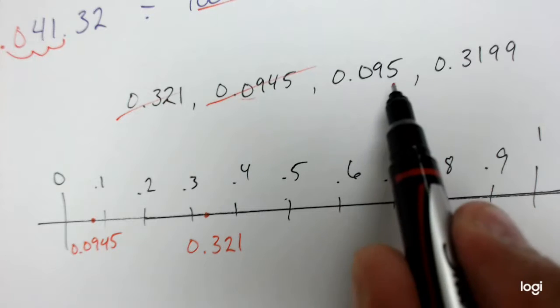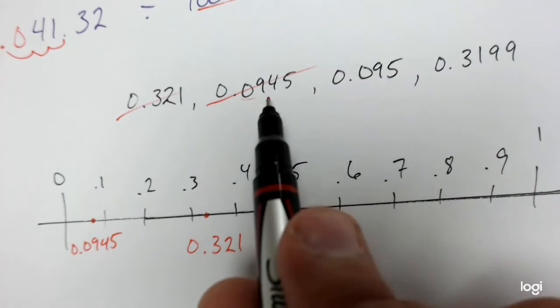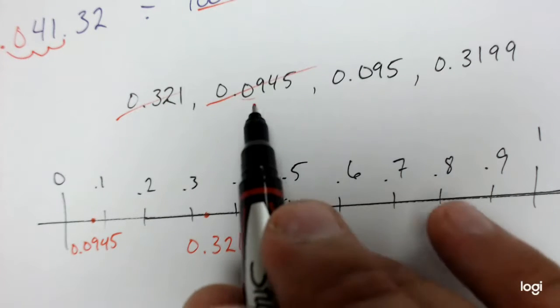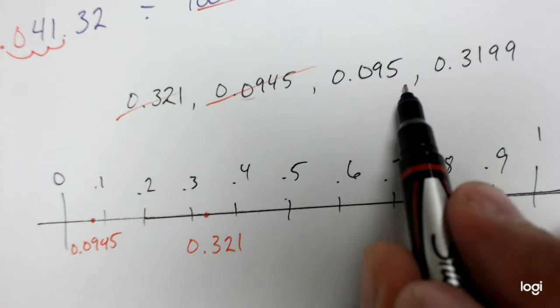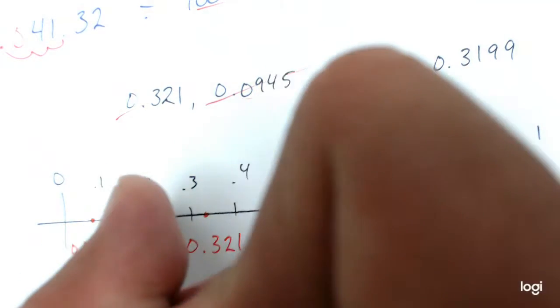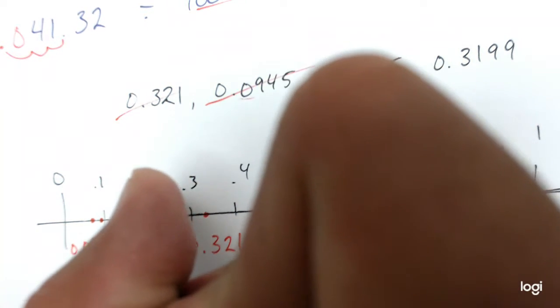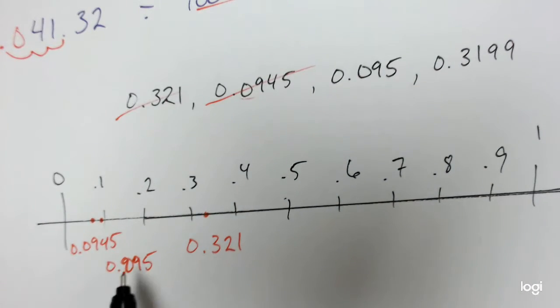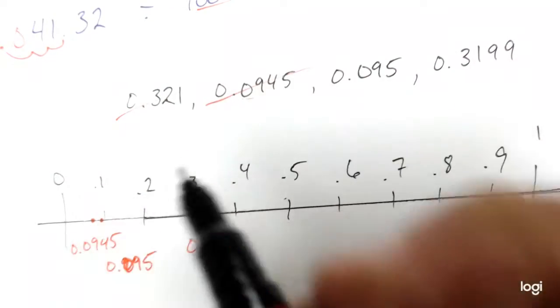Well, if you think about it, the 5 is counting closer to the 1. Although 5 might be smaller than 45, we just have to look at one decimal place at a time. So since the 5 is bigger than the 4, this is actually going to be bigger. So that one will be right there, and it'll be 0.095. All right, so I'm going to put that one farther to the right, because it's bigger than the first one.